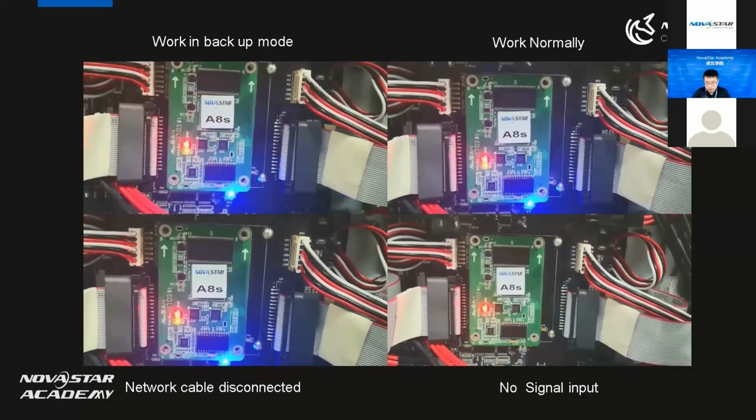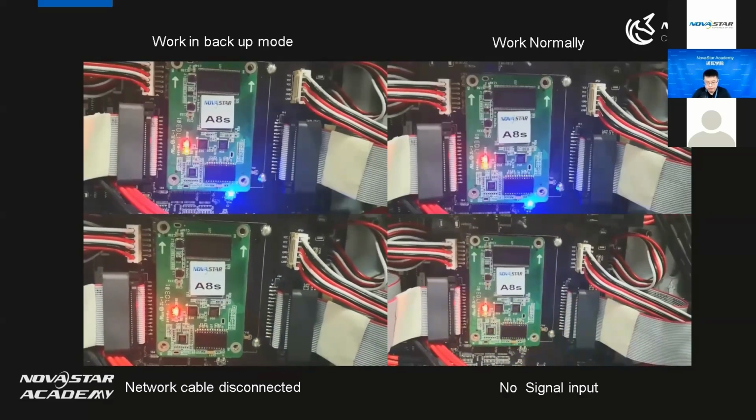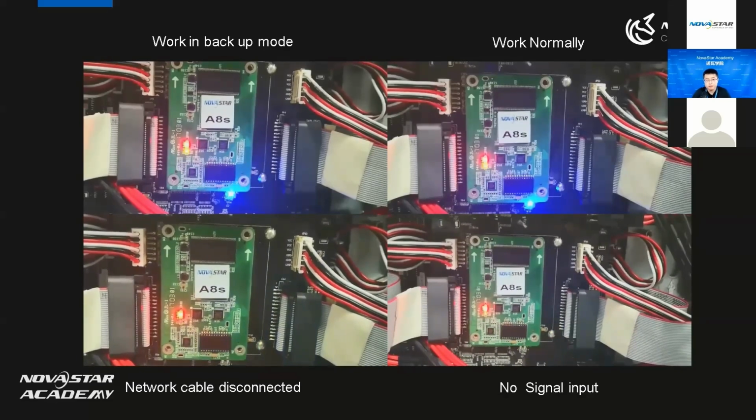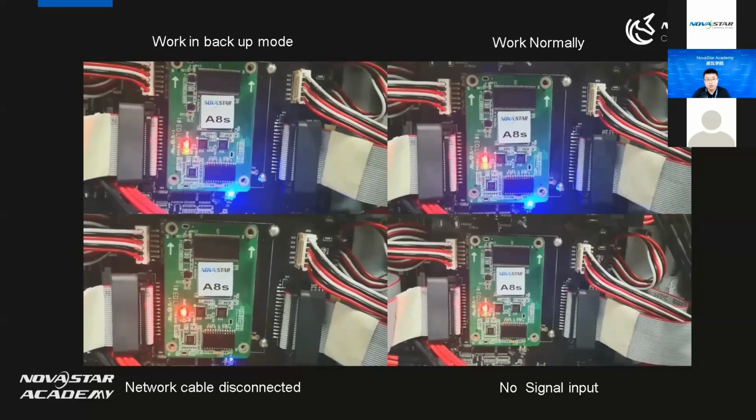But it's okay if you don't have a cell phone to take a picture, because we will have this video on our NovaStar YouTube channel. And you also can check the receiving card specification to check the receiving card indicator frequency, what kind of frequency means what kind of working condition.